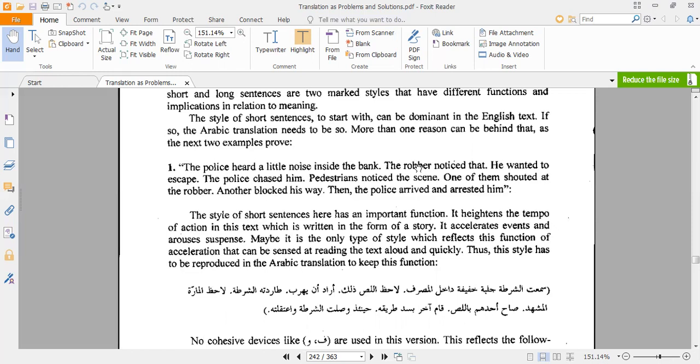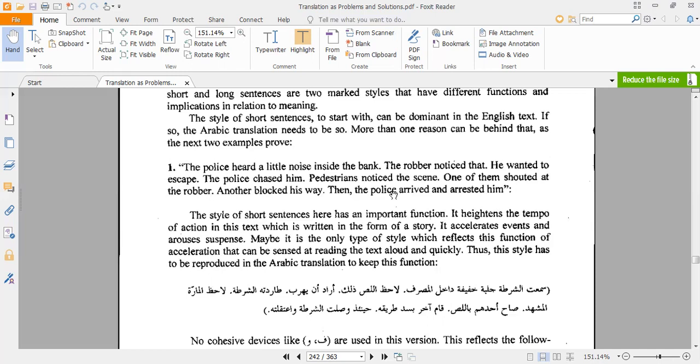The first sentence, the second, three, four, five, six, seven, eight. Eight sentences. This is only a paragraph of three lines consisting of eight short sentences.